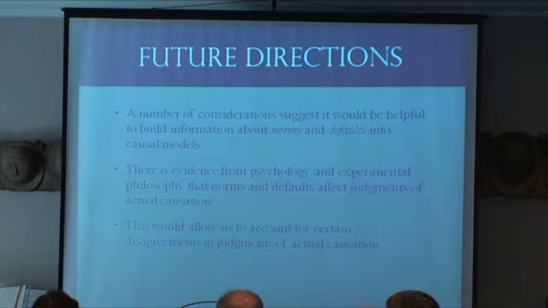Is this really a case of causation? What's interesting is you get radically different opinions about this, even though people all agree on what the causal model or causal structure is. Building in some ideas about defaults would be an interesting way of trying to explain some of these.